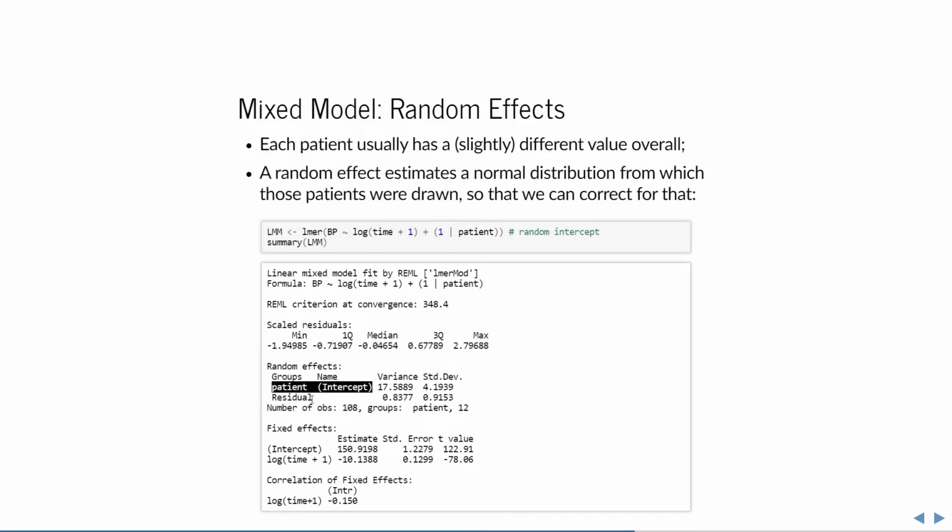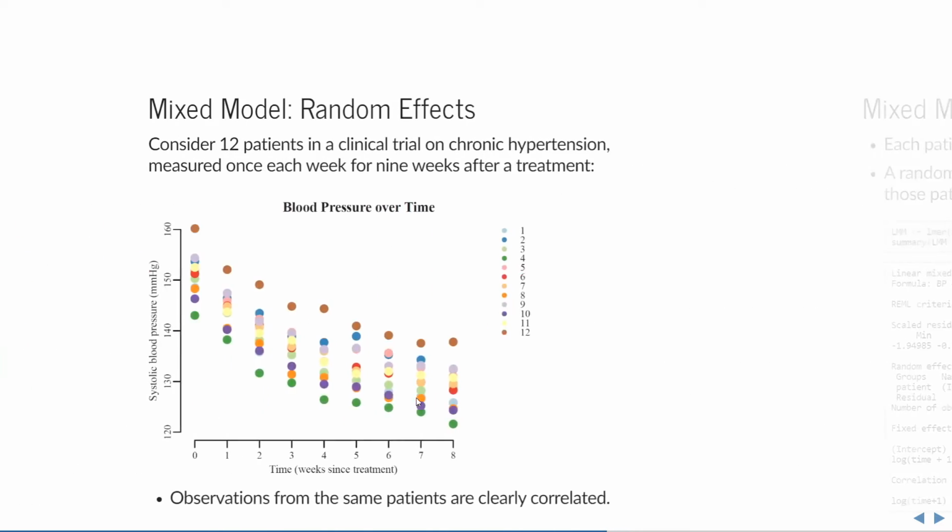And then it also says the residual variance is 0.8, with the square root of 0.8 being 0.9. So what does this mean? This means that, among other things, the variance of patients is apparently a lot higher than the residual variance. So let's see if the data agrees with that.